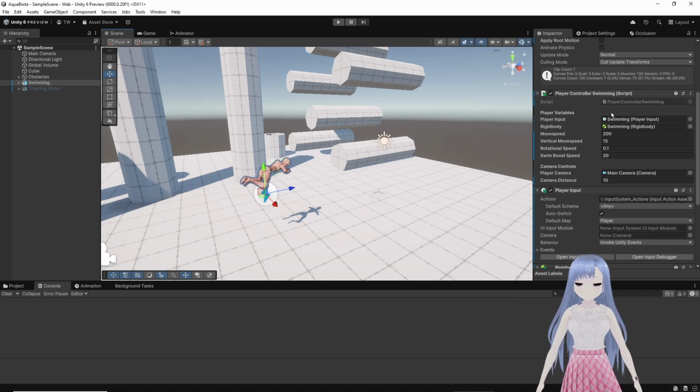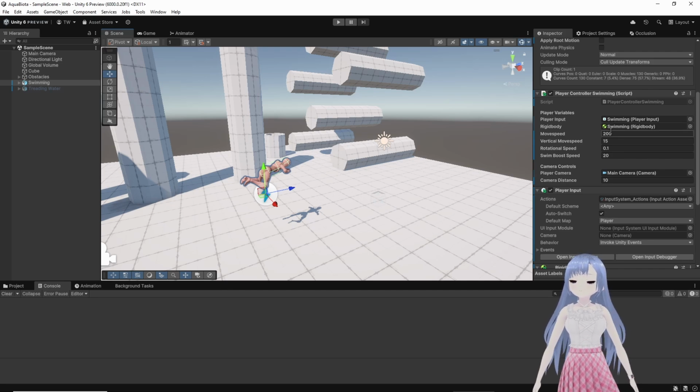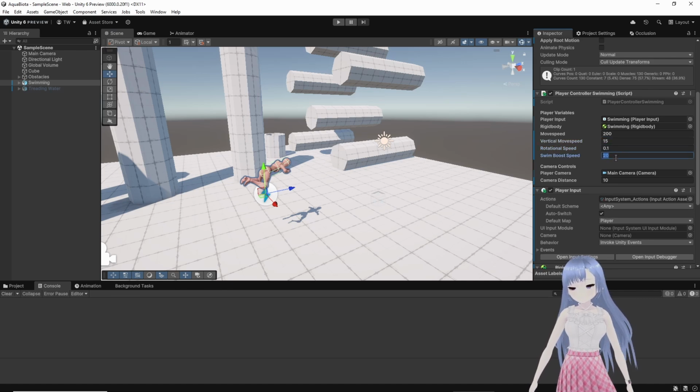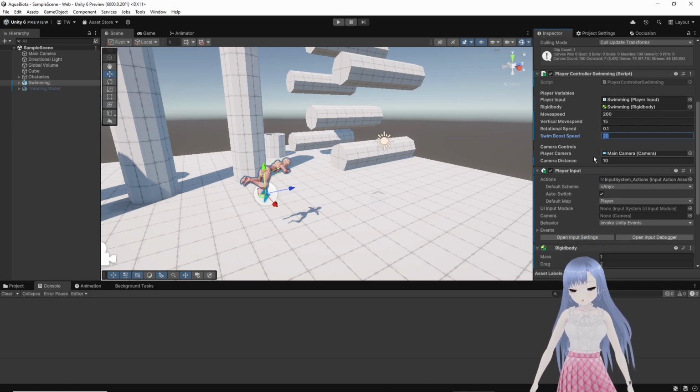And then we also will be needing player input for the new Unity input system, rigid body, for controlling the character within the Unity physics system, move speed variable to control the move speed, vertical move speed for going up and down, rotational speed to control how fast we rotate, and swim boost speed for when you are tapping A to go up.